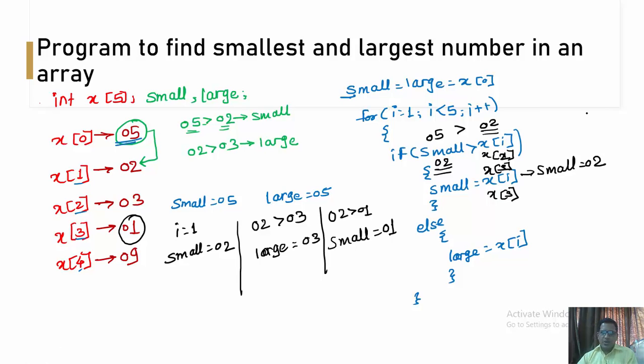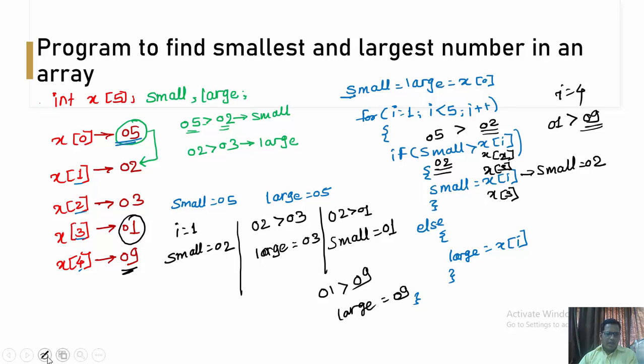And in the last execution, when i is equal to 4, which means when we are accessing this element, the value of i is 4 and the value of x of 4 is 09. Whether this condition is satisfied? No, right? So because of that, x of 4 gets assigned to the large variable. So large is equal to 09.